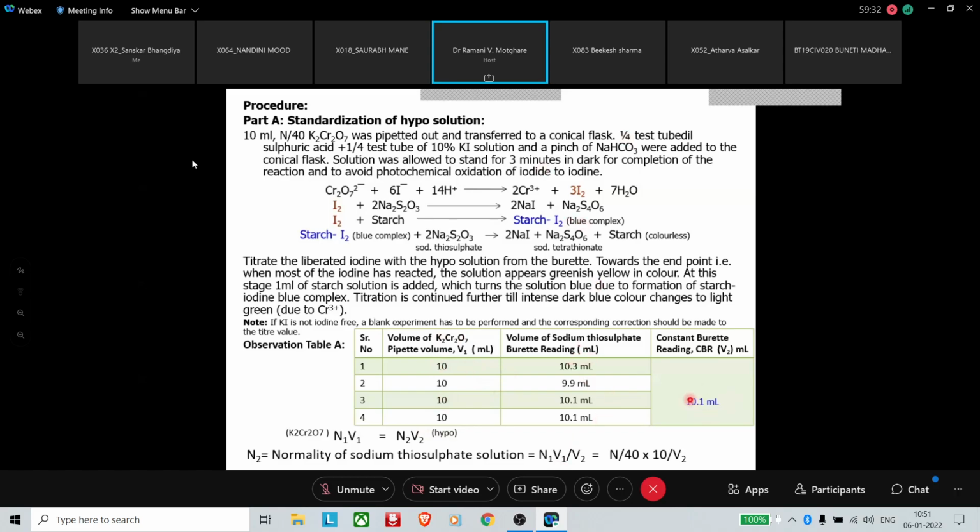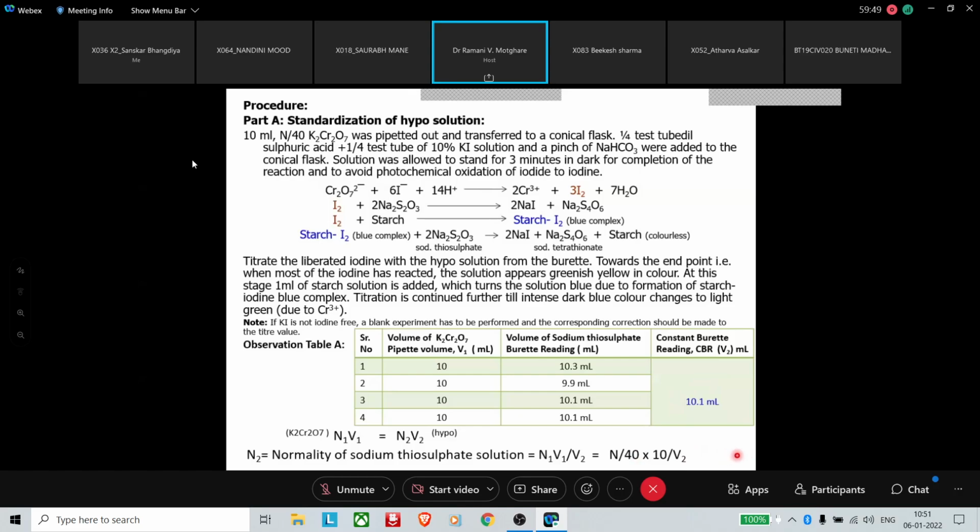You get a constant burette reading, 10.1 ml. You get the normality of sodium thiosulfate solution from this particular 10.1, and you calculate that part in your file.